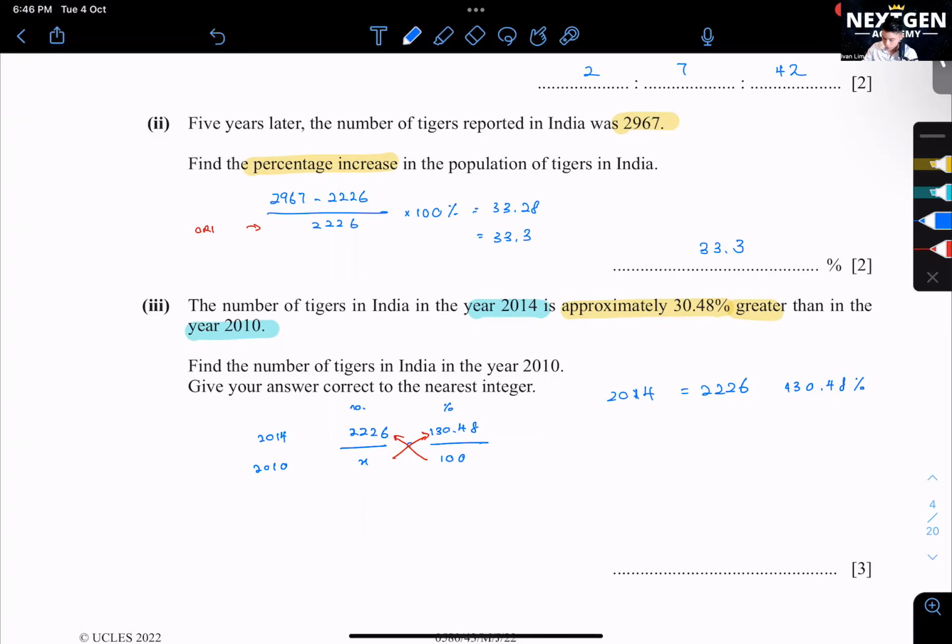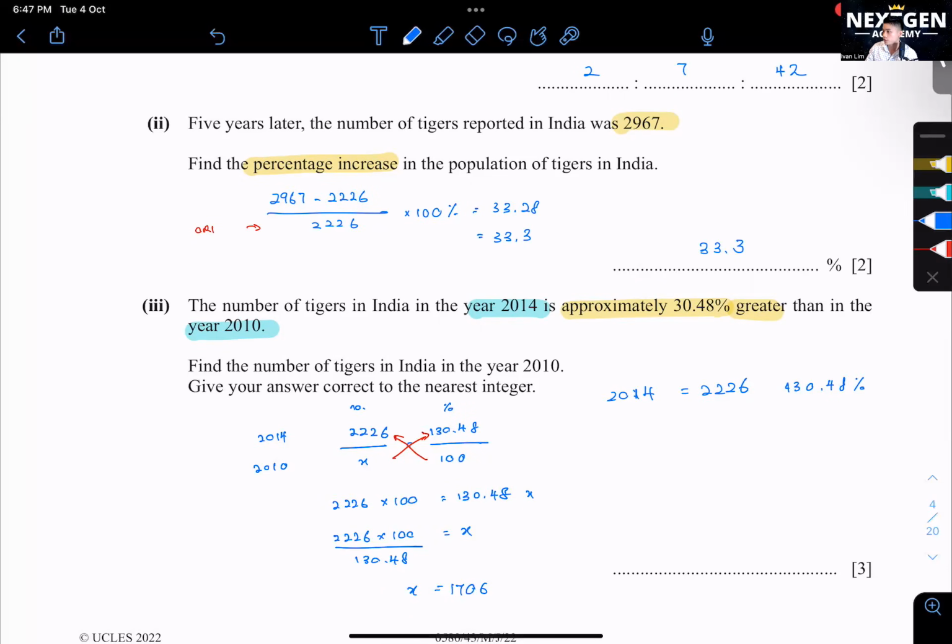So 2226 times 100 equals 130.48 times x. Therefore, x will be 2226 times 100 divided by 130.48. You will get 1706, right?